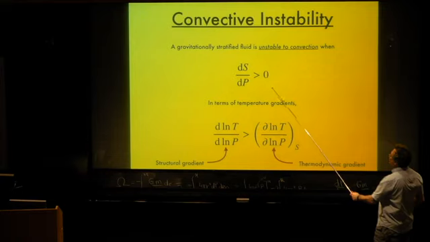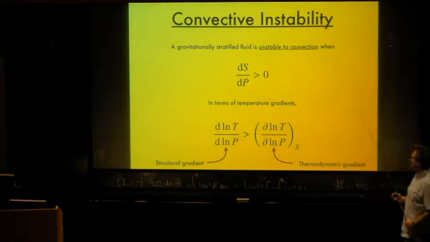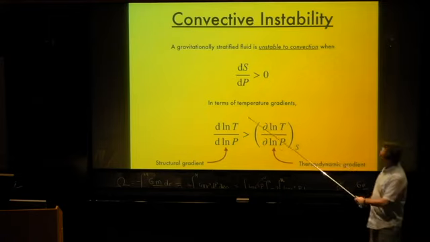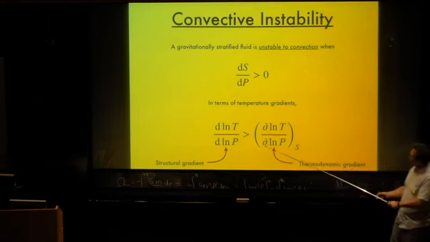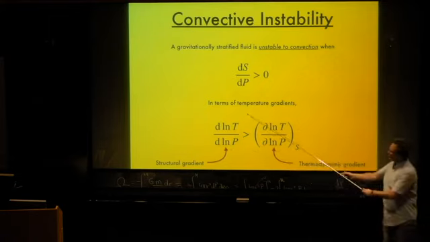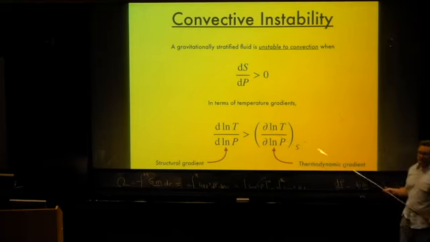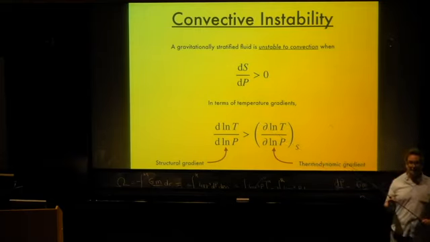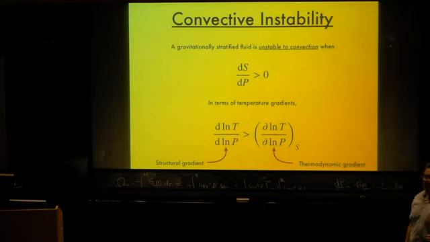This is the sort of rigorous way of expressing the criterion for convection, but in reality, we can actually rewrite this in terms of an inequality involving temperature gradients with respect to pressure rather than entropy gradients.